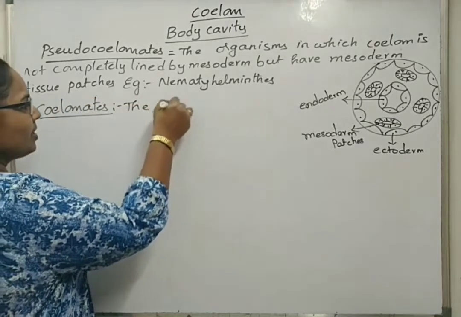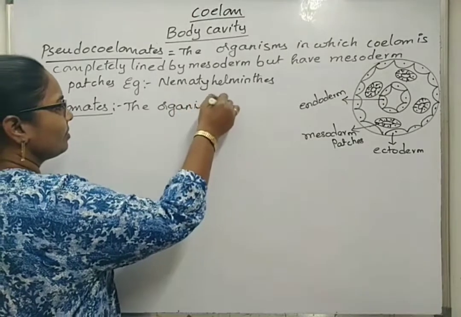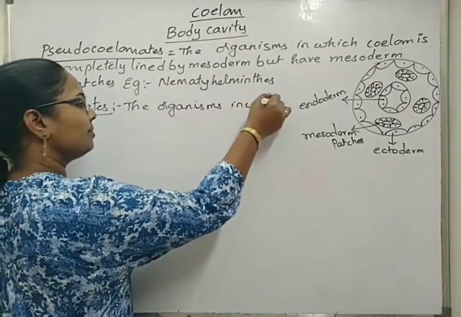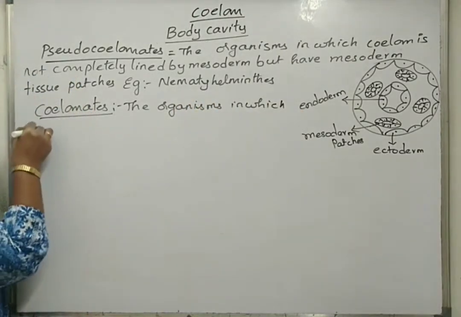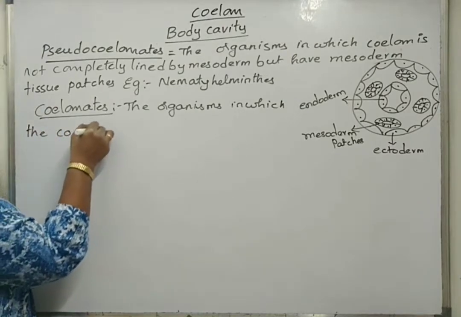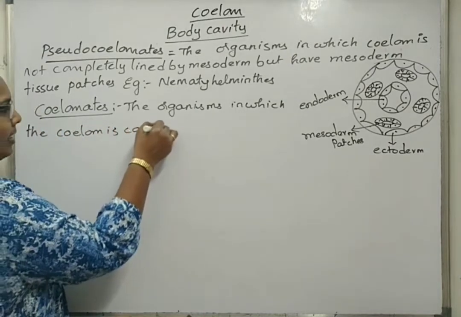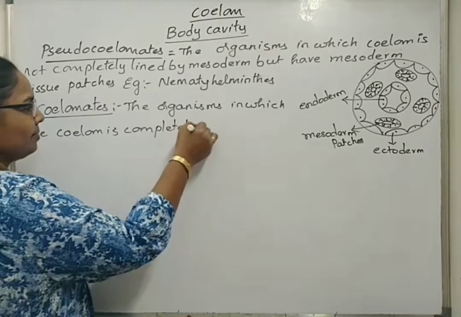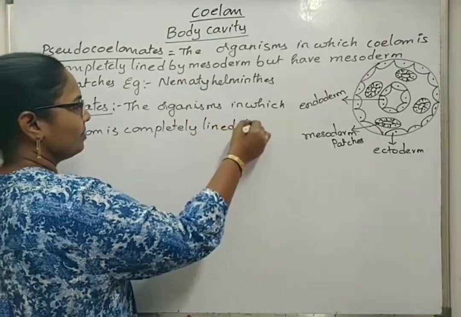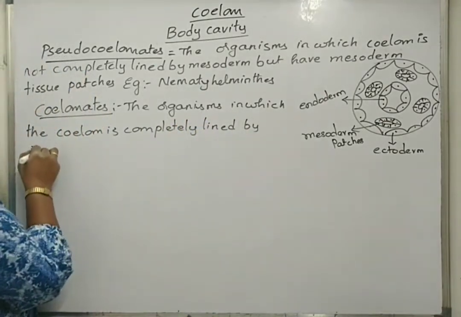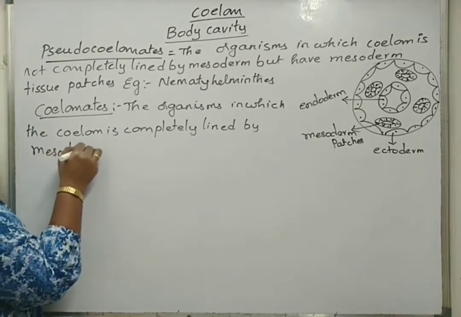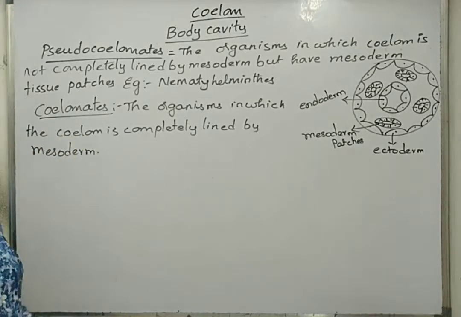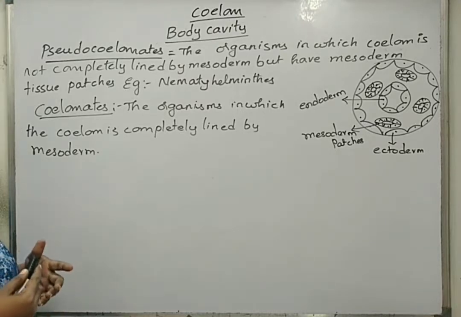The organisms in which the coelom is completely lined by mesoderm. So basing on the embryonic development, how this coelom is formed, it is of two types.